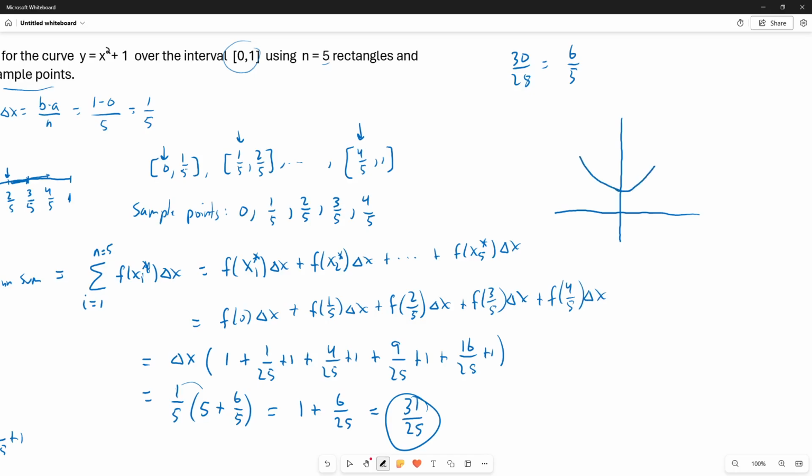So we had this parabola here, and x goes from 0 to 1, and we broke this interval into 5 equal pieces, and we made 5 rectangles using the left endpoints. So our Riemann sum is the area of these 5 rectangles.